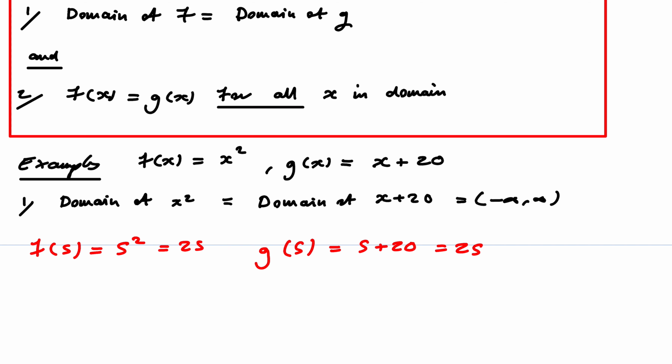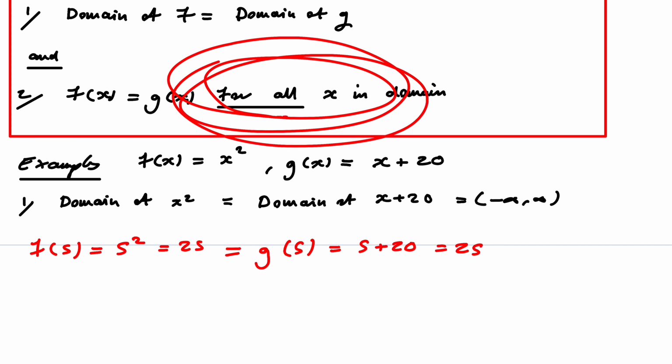Oh, brilliant, they're the same. So they're the same function. Completely wrong. These two functions are the same only at the point, well, maybe not only, but they're the same at the point 5. It needs to be the same absolutely everywhere. It's no good if it works at 5.